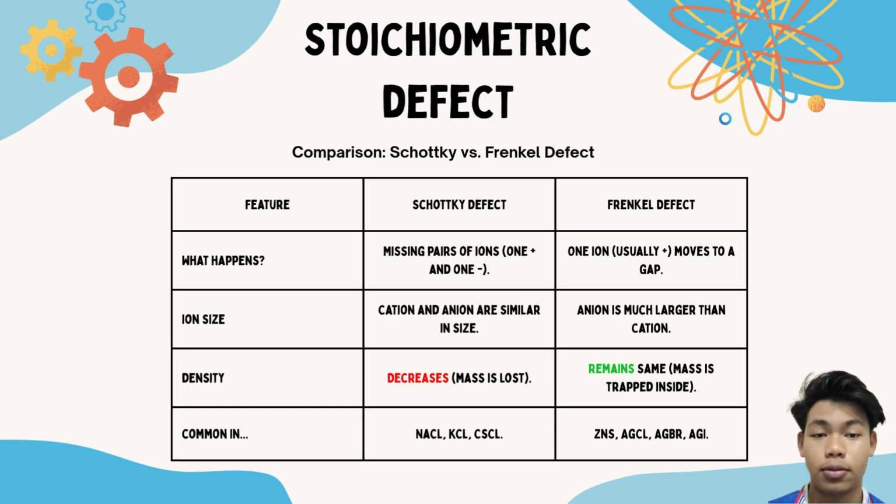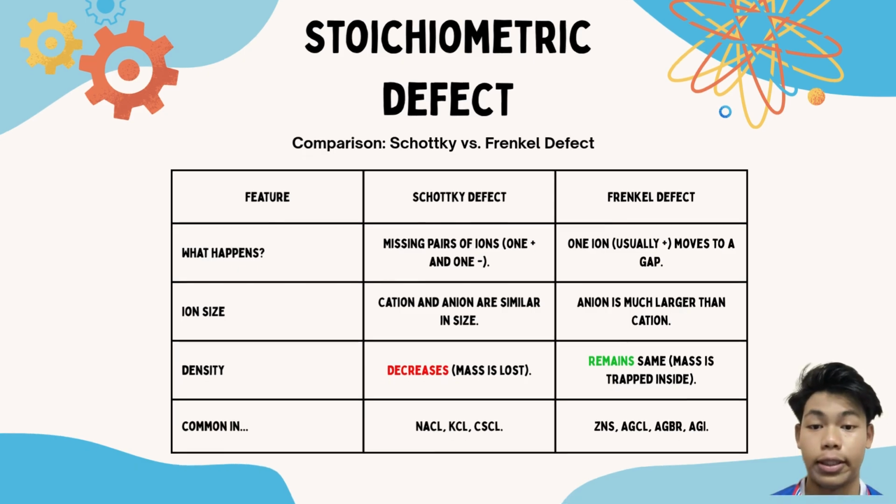Next, one Schottky defect reduces the count by 2 atoms, while the atom count in a Frenkel defect remains the same. And most importantly for our analysis, a Schottky defect reduces the density of the solid, while Frenkel defects have no effect on the density.